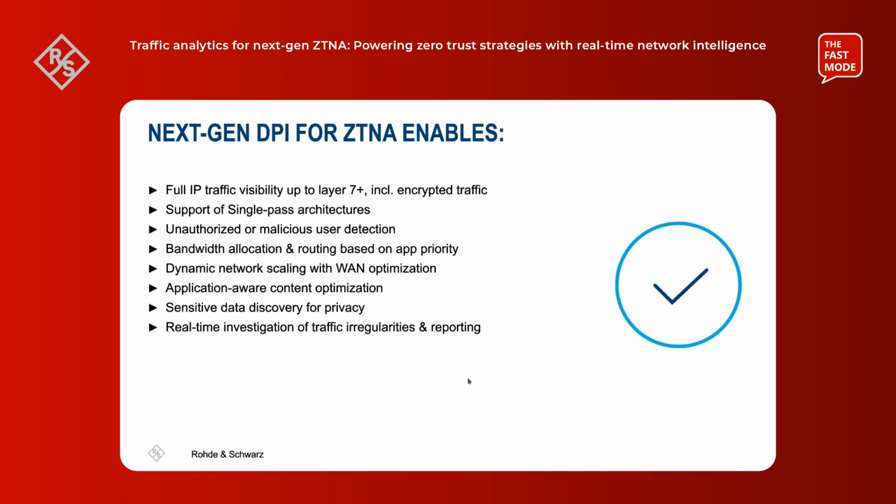Overall, this allows for dynamic network scaling and WAN optimization. Based on our classification, including attributes, we are able to classify and decode, and transferred content can also be optimized. Summing up, our DPI engine enables discovery of sensitive data, real-time investigation of traffic abnormalities, and augments reporting with critical metadata.